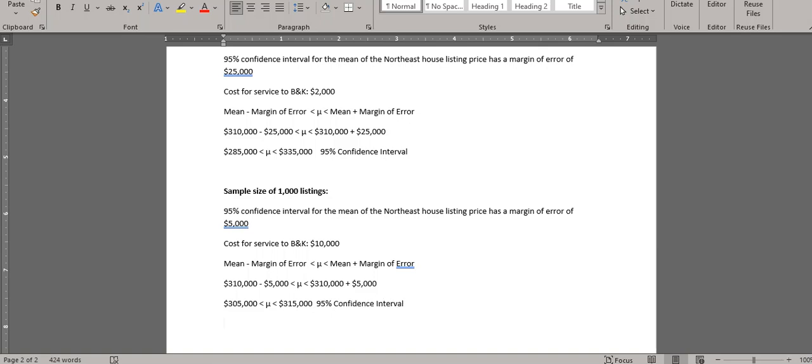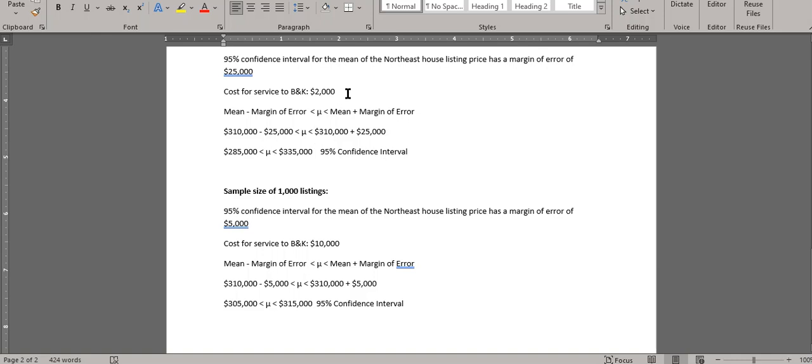What we can say is that if we did this analysis in 100 different sites, 95 times out of 100, you would expect the average list price to be between 305,000 and 315,000.